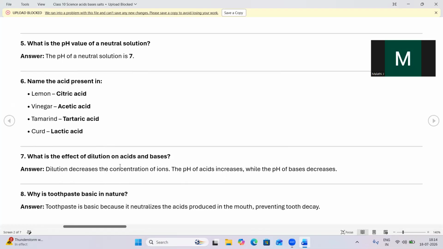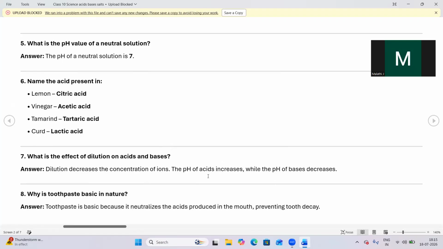Here, I will take 5 ml of acid in 10 ml of water. Now the acid is more, so the H plus ions will be more. When I start adding more and more water, the H plus ion concentration will decrease. So the pH of acids increases while the pH of bases decreases.